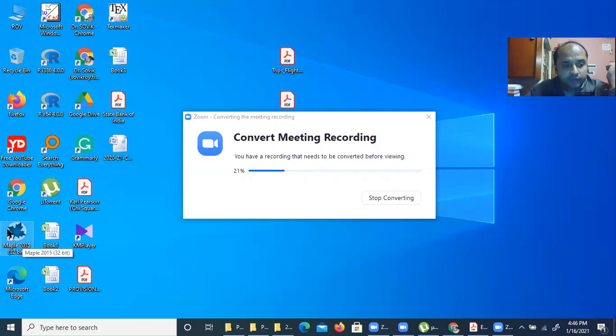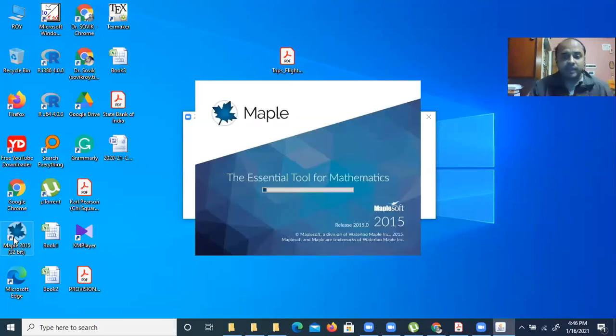This particular software is called Maple 2015. It is a mathematical software, but I have the pirated version of that. During my PhD work, I got it from one of my friends, but the original version is not available to me.